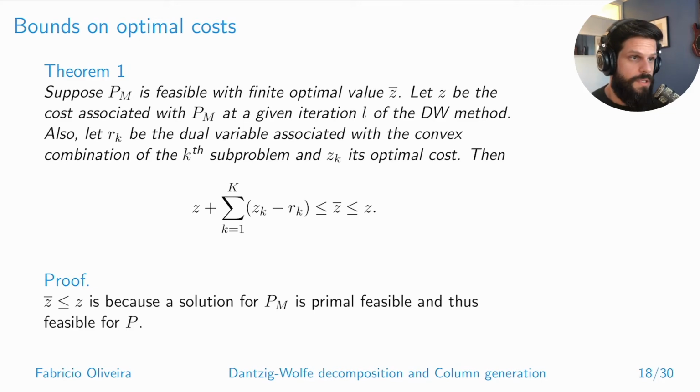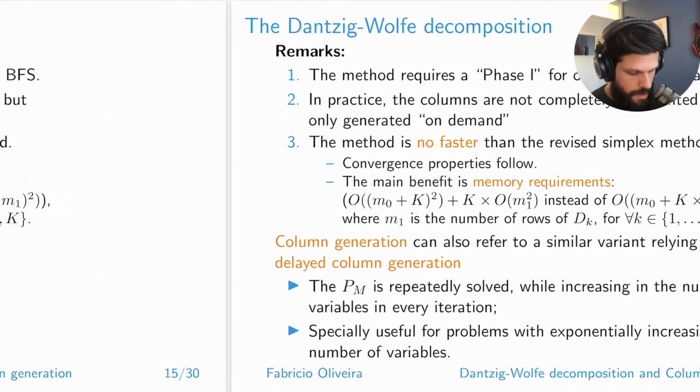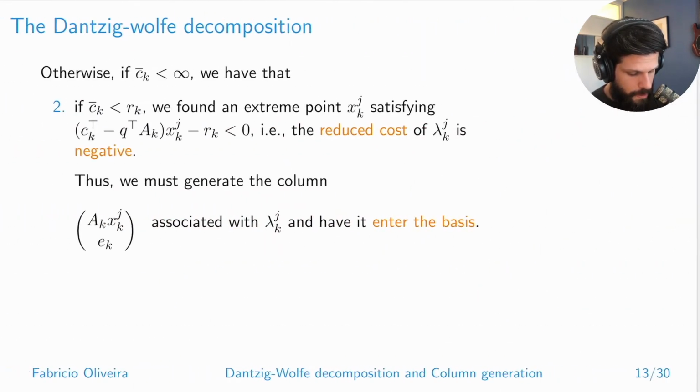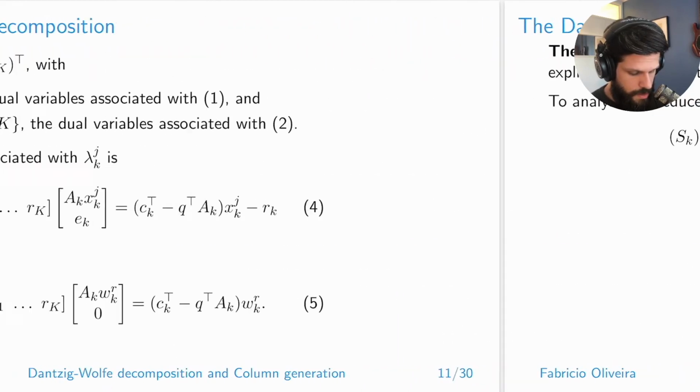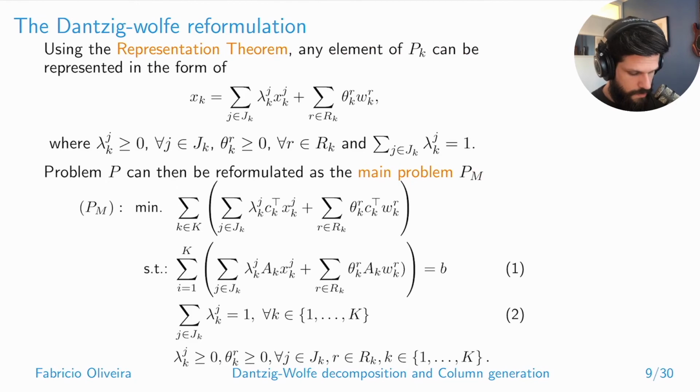So how is it so? Well, this upper part is rather trivial, because remember that we are looking into the solutions. Let me go back a few steps to this formulation.